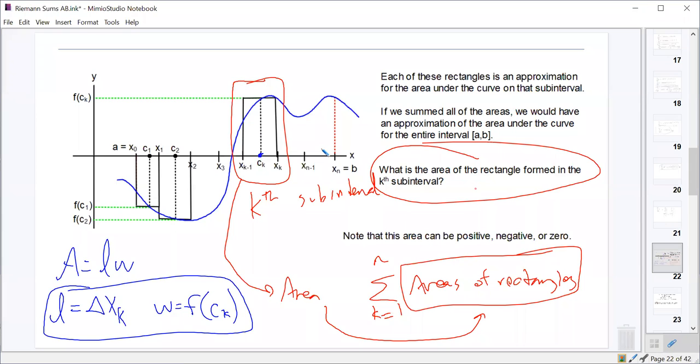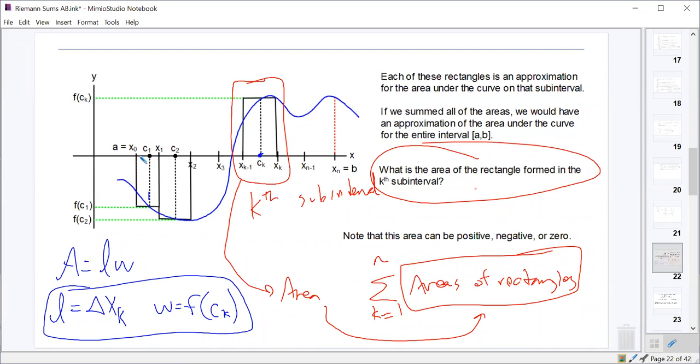So if k was 1, it'd be delta x sub 1 times f of c sub 1, right? And if k was 2, it'd be delta x sub 2 times f of c sub 2. And it's still a little bit of a problem because f of c sub 1 and f of c sub 2 and f of c sub 3 and so on are all different.